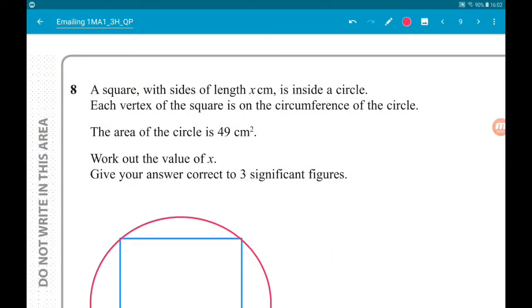Okay, number 8. A square with sides of length x centimeters is inside a circle. Each vertex of the square lies on the circumference of the circle. So, vertex means corner. Here's a sketch.